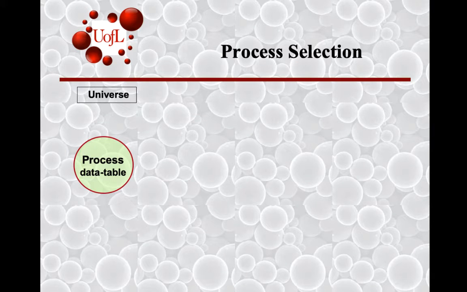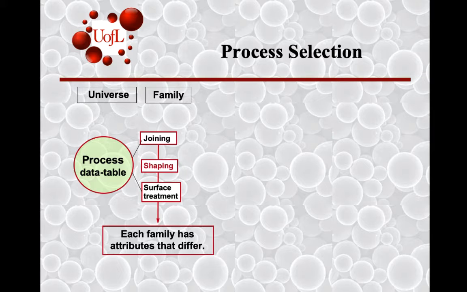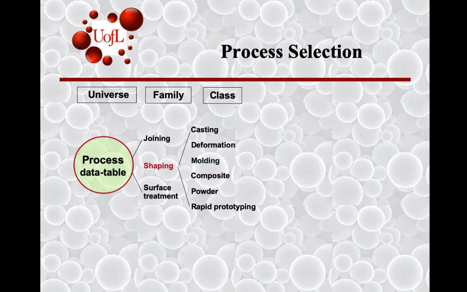If you recap, there is a process universe, and within that are data sets for various families of manufacturing processes. Within each processing class, such as shaping, you have many different alternatives ranging from casting, powder metallurgy, and so on.